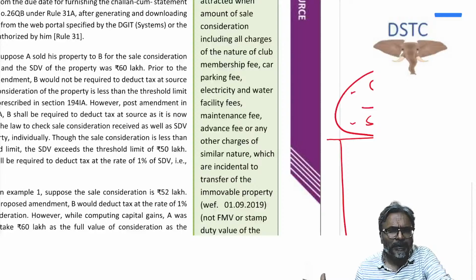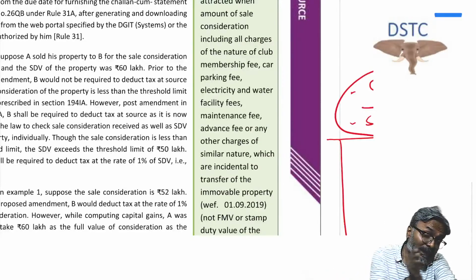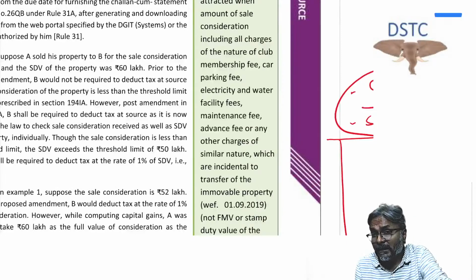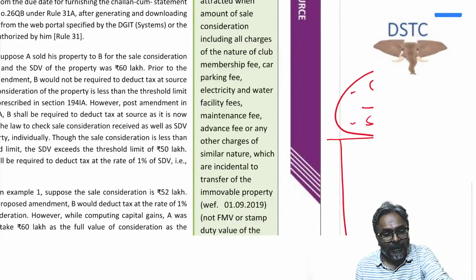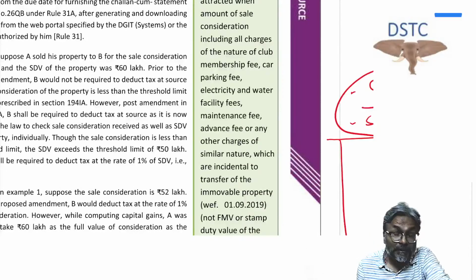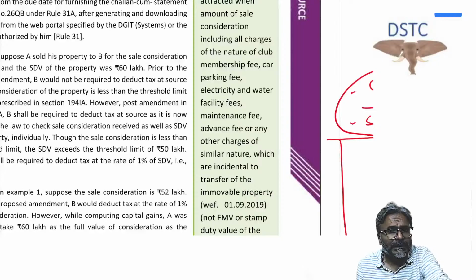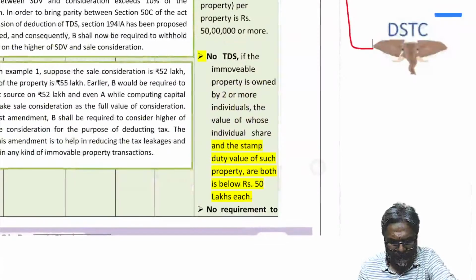So they give you a split so that the basic selling price is well within 50 lakhs. The moment you add the other components, it touches or goes above 50 lakhs, and therefore in that case as well there will be an obligation to deduct the TDS. I hope all of you are clear with this one.